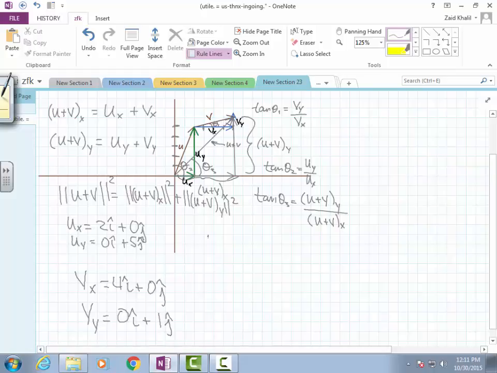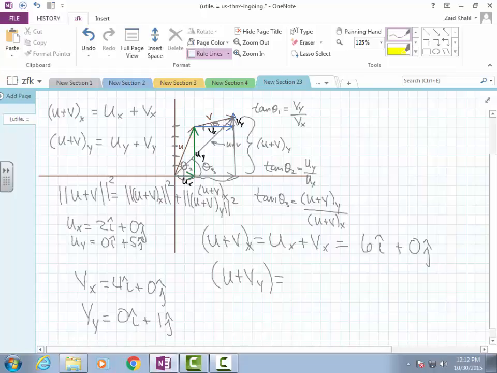U plus Vx is equal to Ux plus Vx. What is that equal to? Six i hat plus. And U plus Vy equals, so it's 0 i hat plus 6j hat.